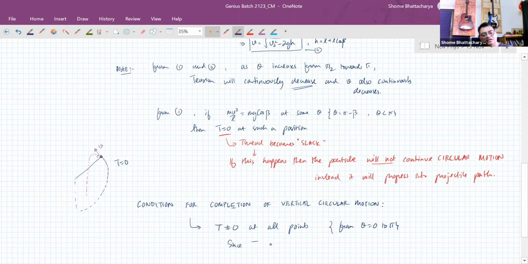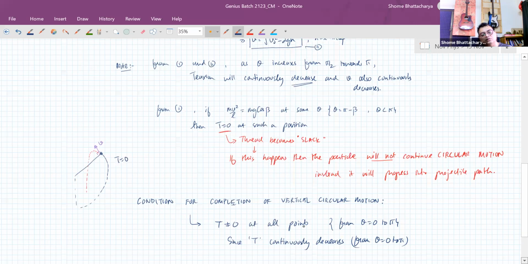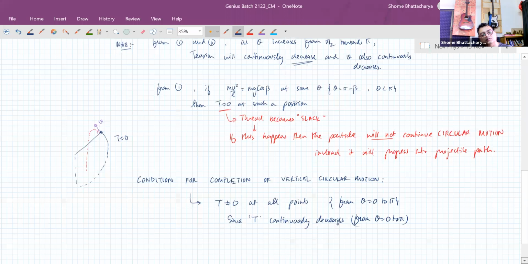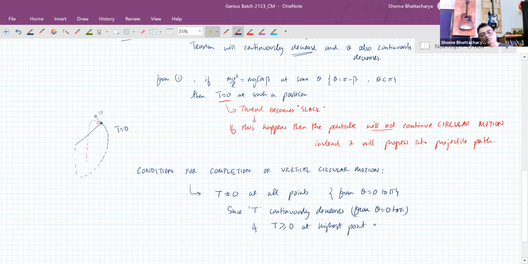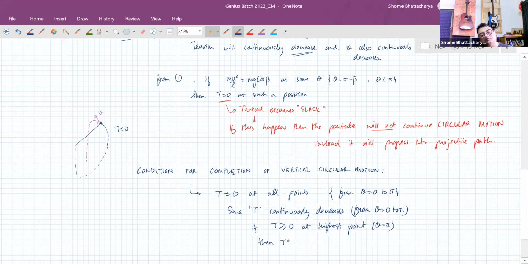Since tension continuously decreases from theta equal to 0 to pi, if tension is greater than or even equal to 0 at the highest point, theta equal to pi, then tension will be greater than 0 at all points before theta equal to pi.